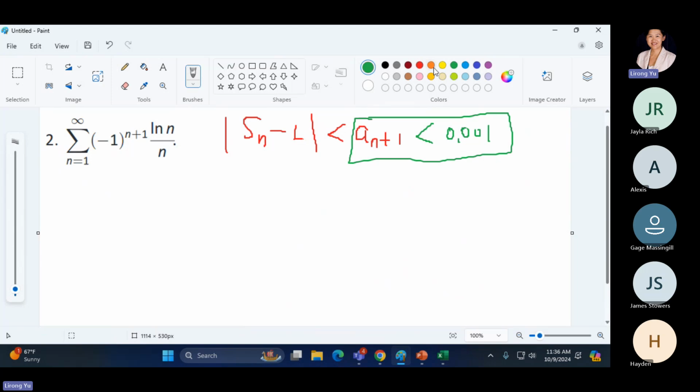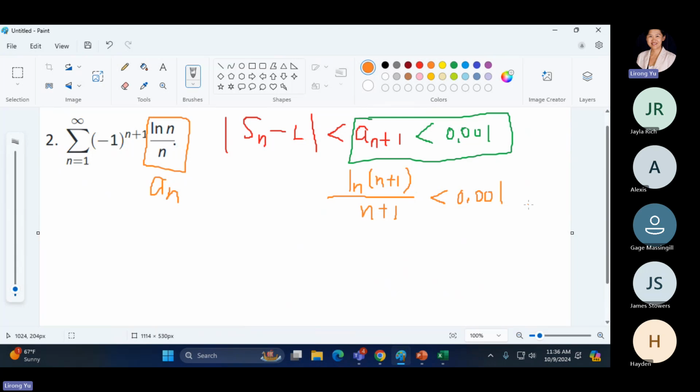So going back to the inequality, a(n+1) will be natural log of n plus 1 over n plus 1, and that will be less than 0.001. Okay. So now we have an inequality that we need to solve.